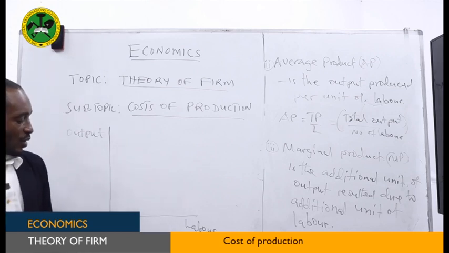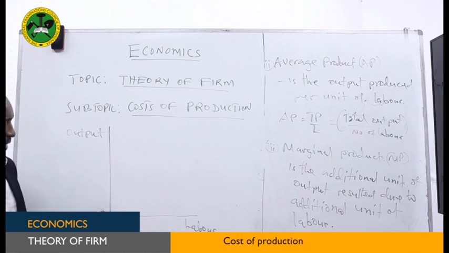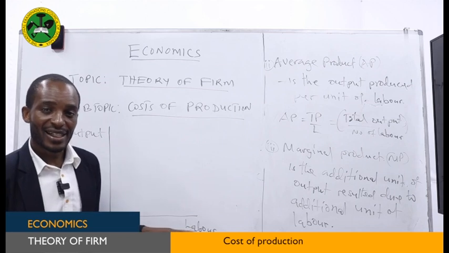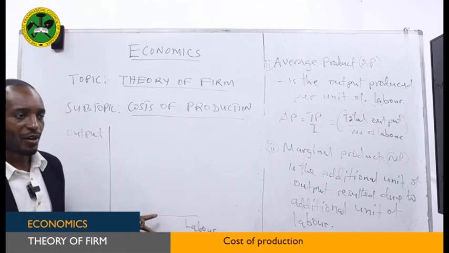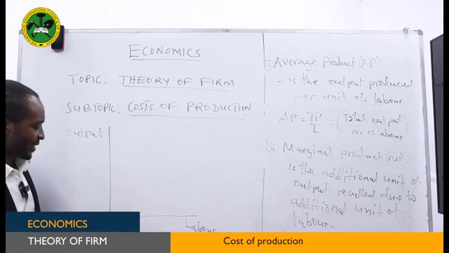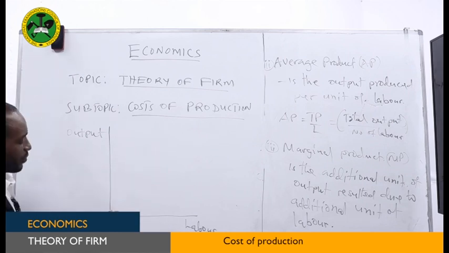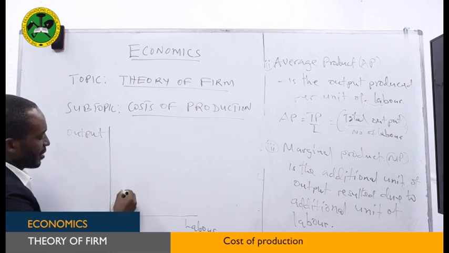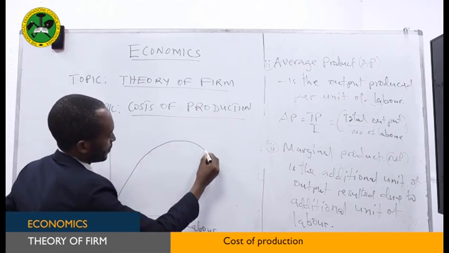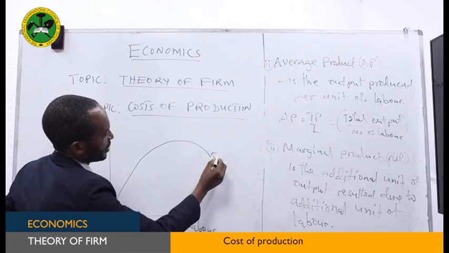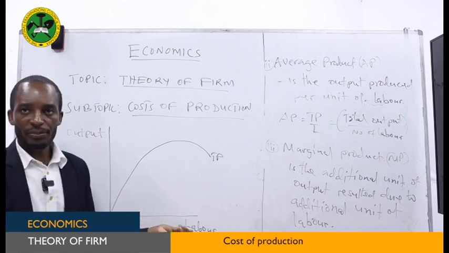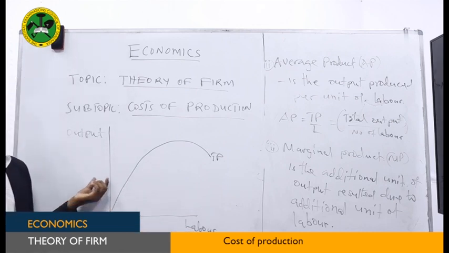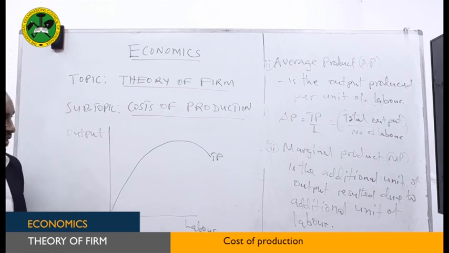Then, we know that if you want to produce output, you need to employ a certain number of labor. So as you employ more units of labor, the output produced will also increase. The production curve will be like this one. So this one will be the total product. It means as I employ more units of inputs or labor, the total output will increase.